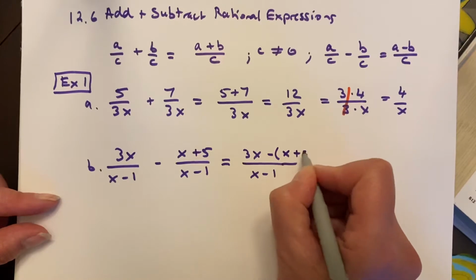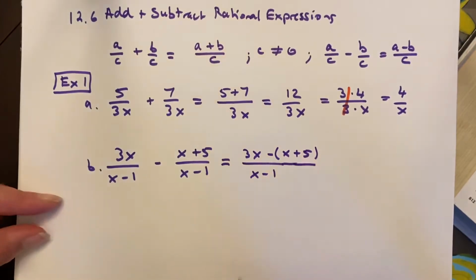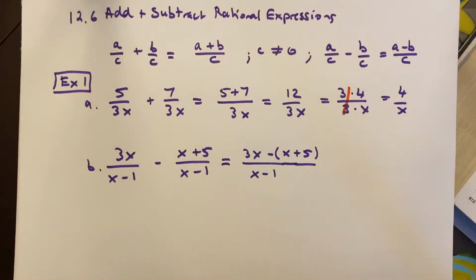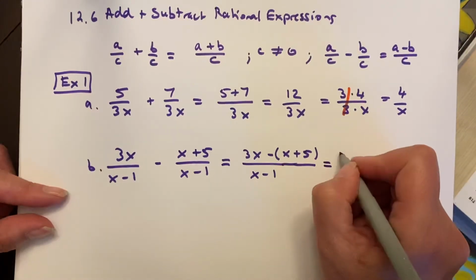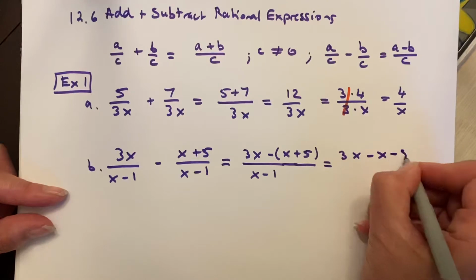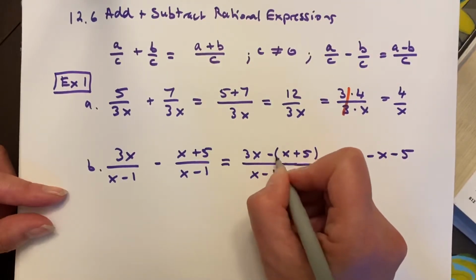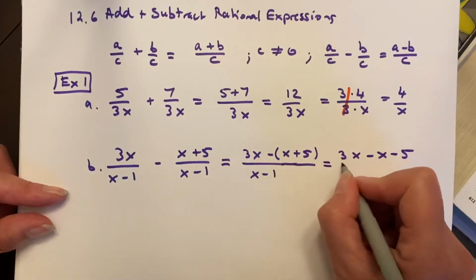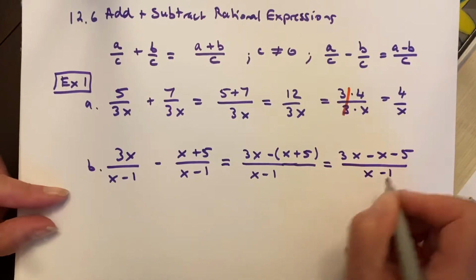In other words, keep this in parentheses because otherwise you'll forget to use the distributive property. So what do we get on top? 3x minus x minus 5, because I had to distribute that minus 1 in front to the x and the 5. And I have x minus 1 on the bottom.